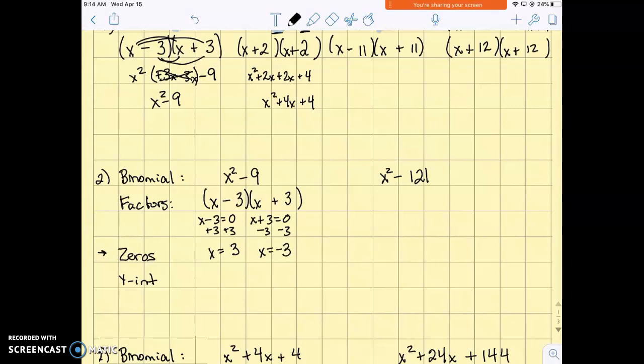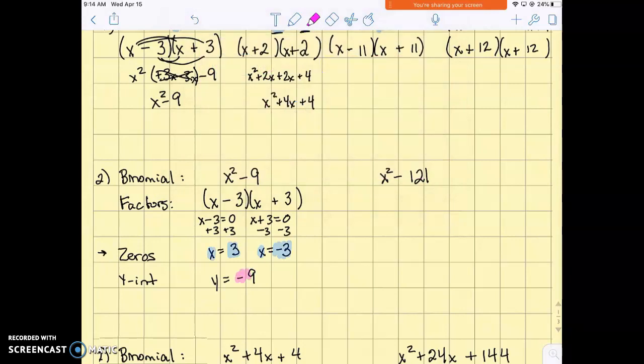Do you remember what the y-intercept is? It's one of those numbers in your binomial. Do you remember what it is? Right, it's the 9. Oh, wait, is it 9 or negative 9? Very good, it is negative 9. So we have zeros at 3 and negative 3, and that's going to be on the x-axis.